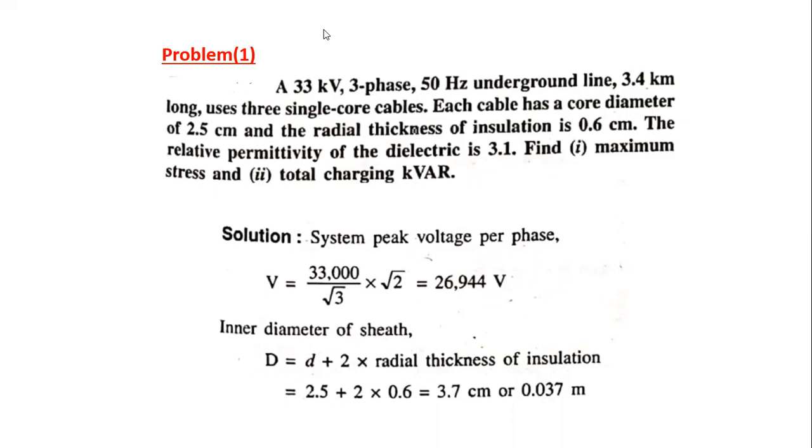What is the formula for the inner diameter of the sheath? Capital D is equal to small d plus 2 into the radial thickness of insulation, where small d is the core diameter, 2.5 centimeters, plus 2 into 0.6 centimeters.